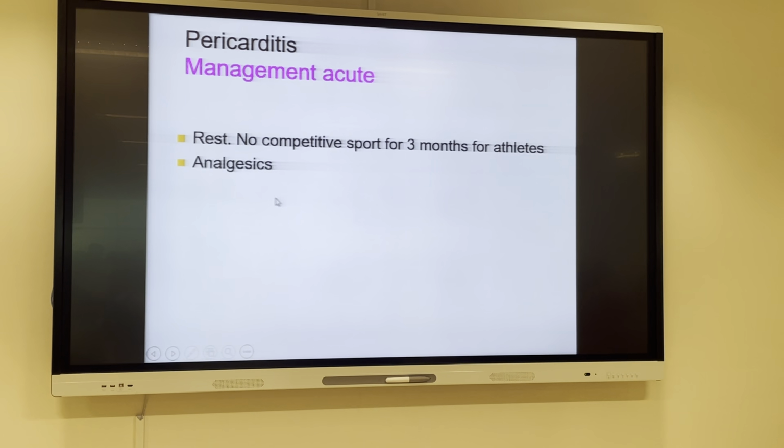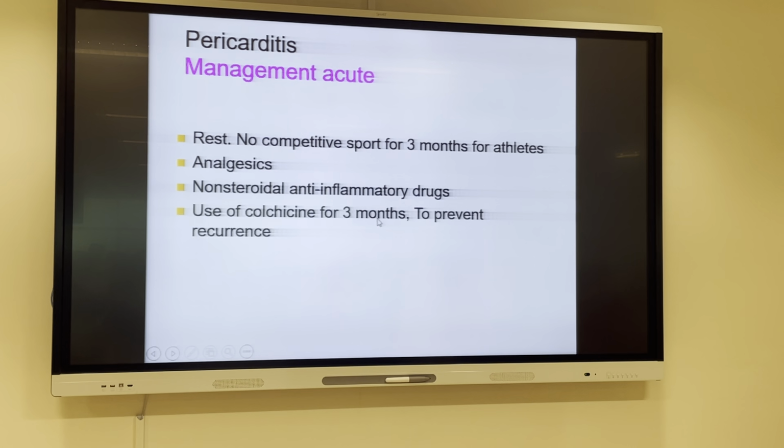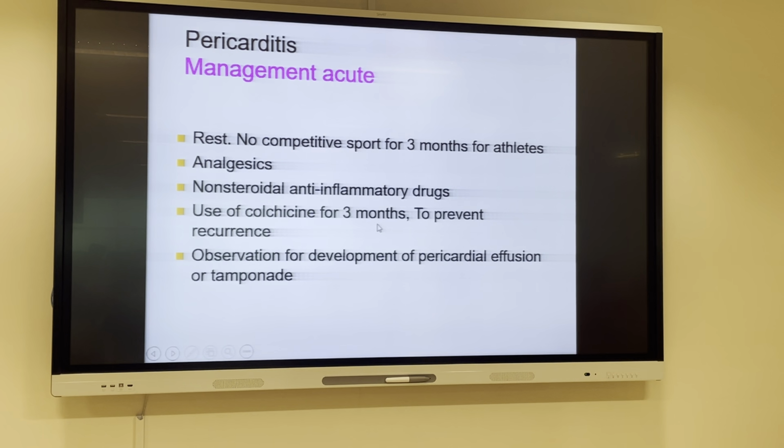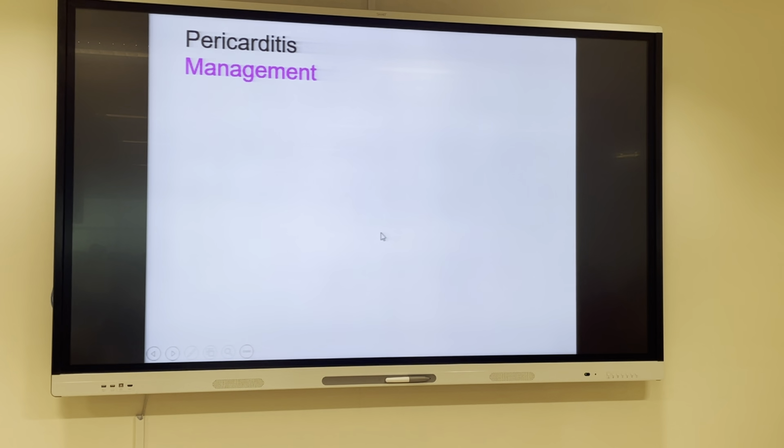So we talked about the management: no competitive sports for 3 months, NSAIDs for 2 weeks, and colchicine for 3 months to decrease recurrence. Now, when do you do prednisone, immunosuppressive therapy? If you give NSAIDs and then colchicine for 3 months and there's recurrence, and then you treat again and fail, and then recurrence 2, 3, 4 times, then you start prednisone.